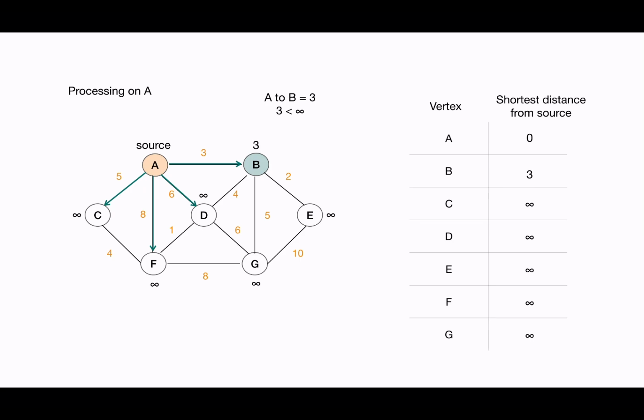Next edge is C. A to C distance is 5 and upper bound is 0, which is less than infinity, so we update the distance for C as well. Similarly for D, distance from A to D is 6, which is less than infinity, so we update it in the table.